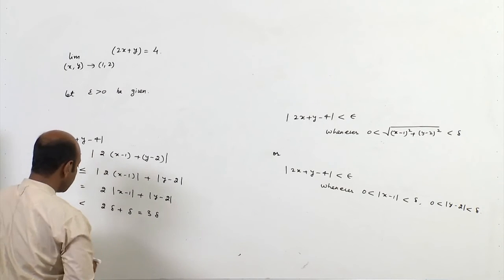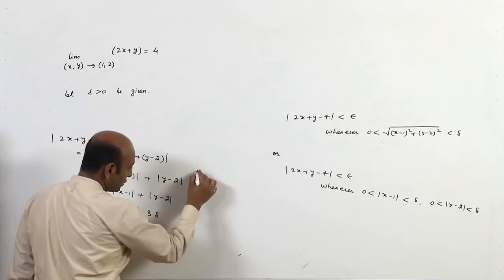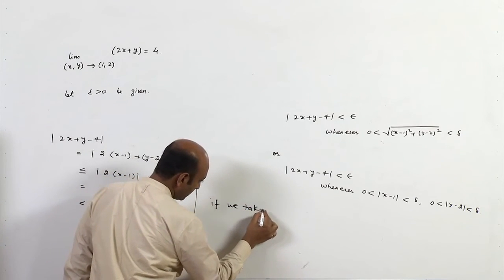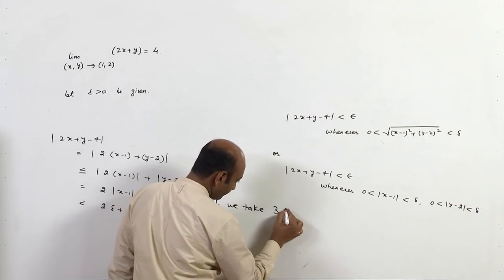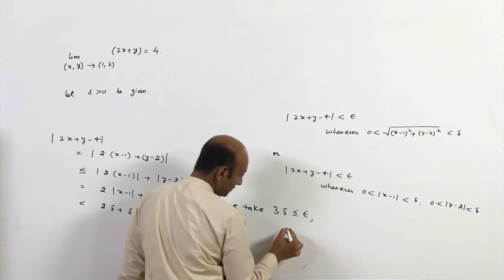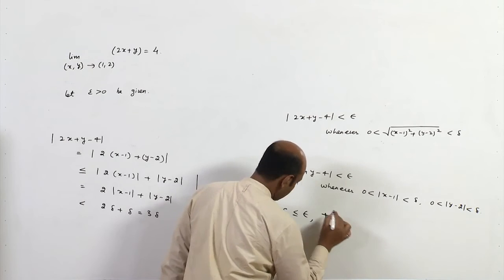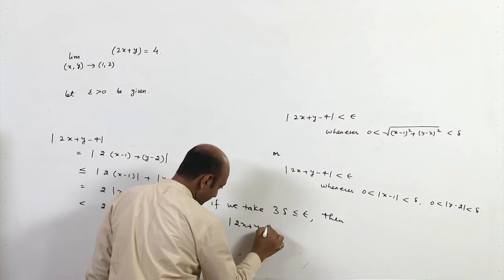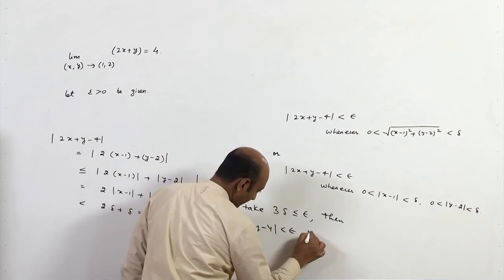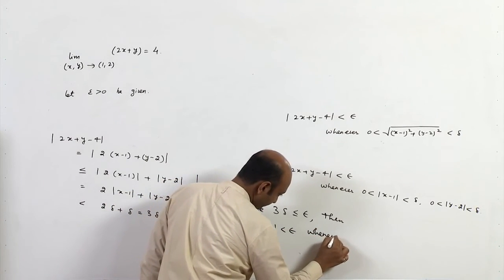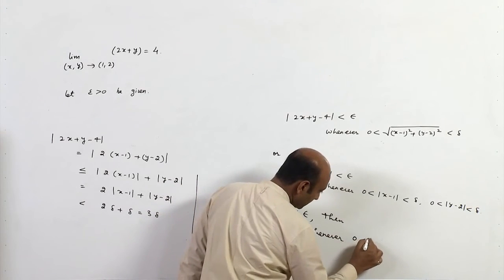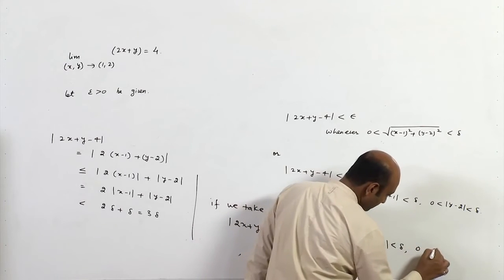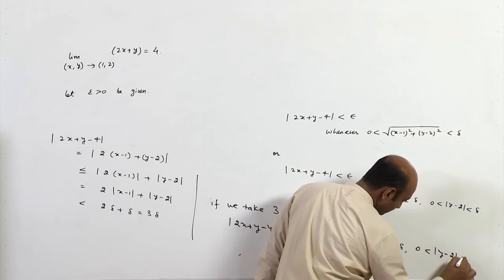So if we choose 3 delta less than or equal to epsilon, then mod of 2x plus y minus 4 is less than epsilon whenever 0 is less than mod (x minus 1) less than delta and 0 is less than mod (y minus 2) less than delta.